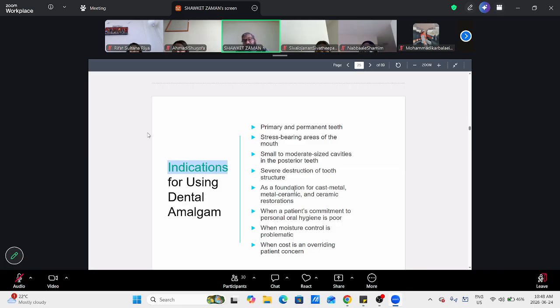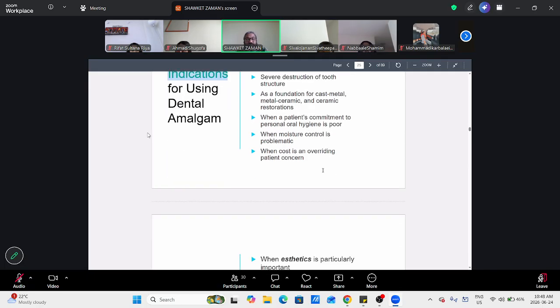We have to go for the metallic restorations, and the cost outweighs the patient's concerns because there is a huge difference in the costing. That's why it is very popular in dentistry, and there is a safety record also.